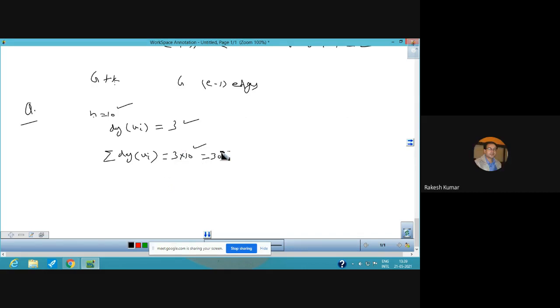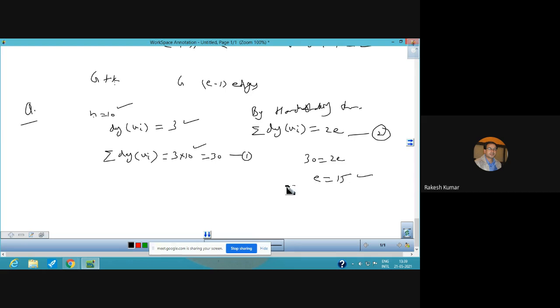And we also know, call it number 2, that the sum of the degrees of the vertices is equal to twice the number of edges by the handshaking theorem. This is the result which we have done earlier. So by using 1 and 2, 30 is equal to 2e, e is equal to 15. This will be the number of edges.